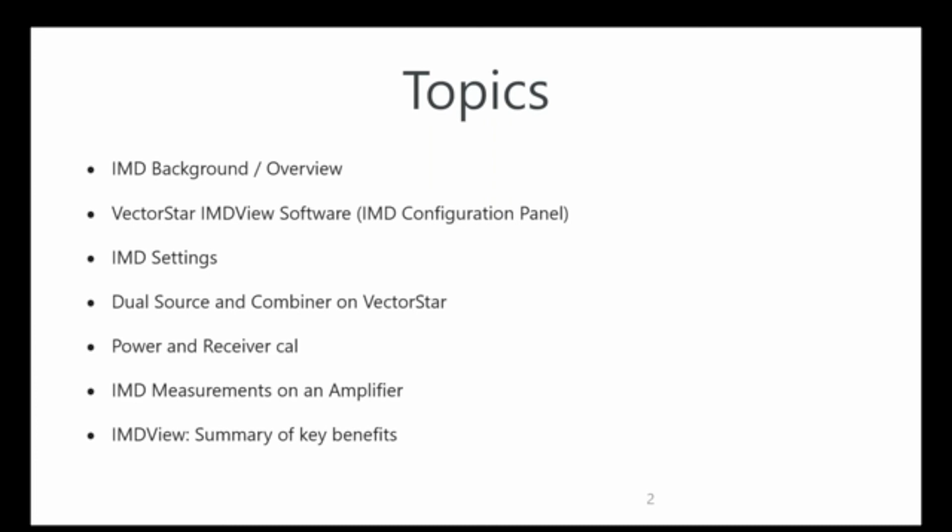Then we will briefly cover the power and receiver cal that needs to be done for the two tones that you inject into the device under test. For this case, the device under test is an amplifier on which we will be performing the IMD measurements. And then we will conclude with a summary of the benefits of the IMDView software.